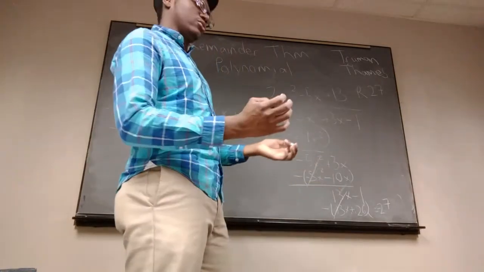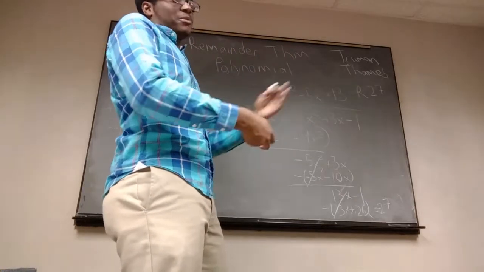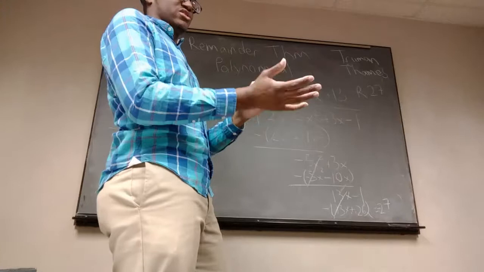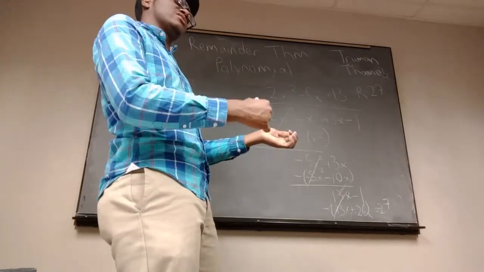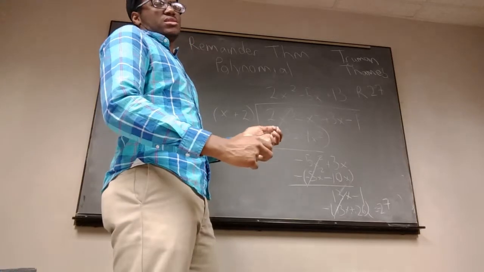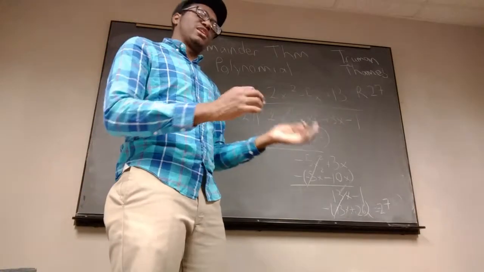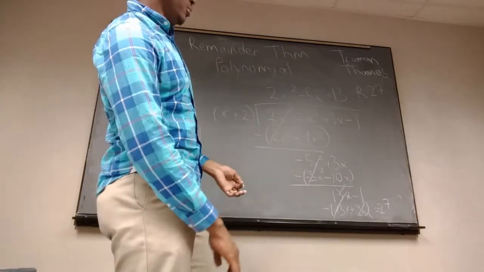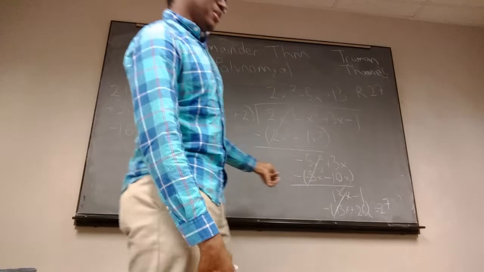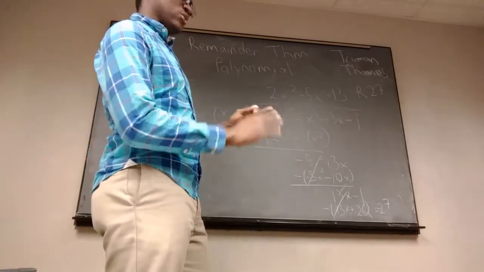For polynomials, when you're finding the remainder, sometimes it's going to be positive, sometimes negative, and when it's 0, you know it evenly divides. So it's similar to integer division, but when you're dividing integers, your remainder is always going to be positive or 0. But in polynomials, it has a chance to be negative because the place values work differently.